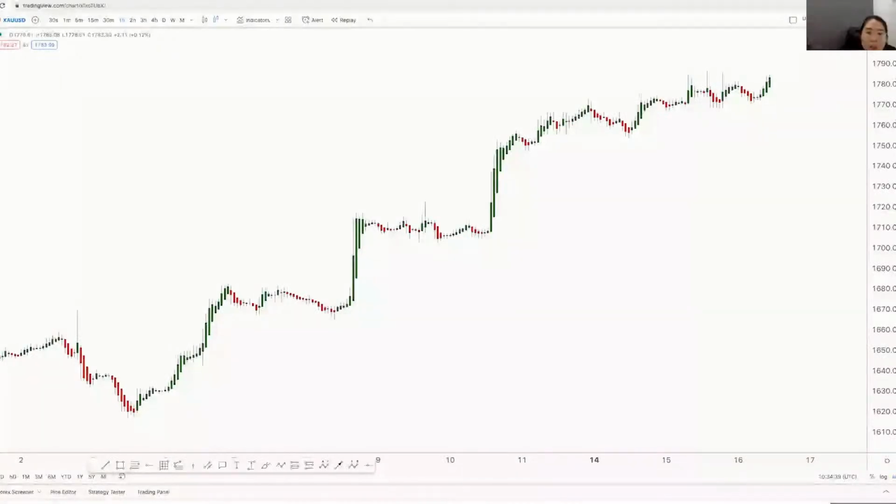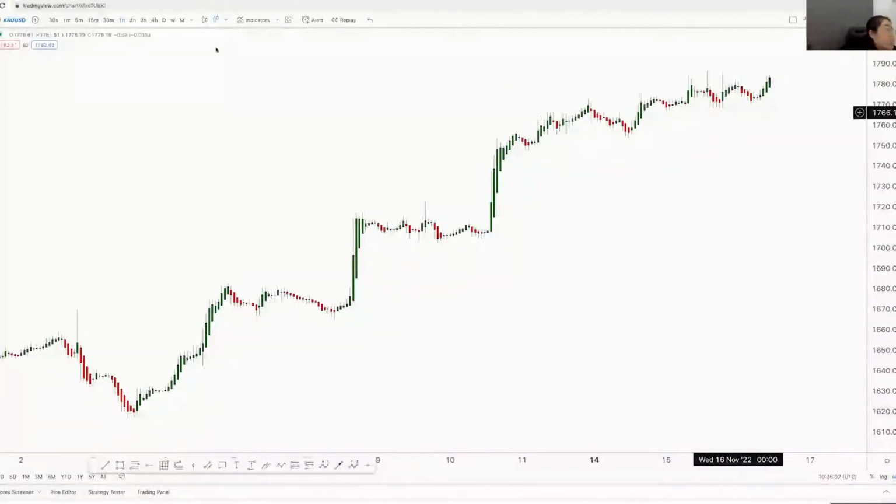Do you guys see the screen? I thought when I switch screen, it will automatically share. I didn't realize I have to keep sharing screen. Sorry about that. Okay, thank you so much. Thanks, Christine.